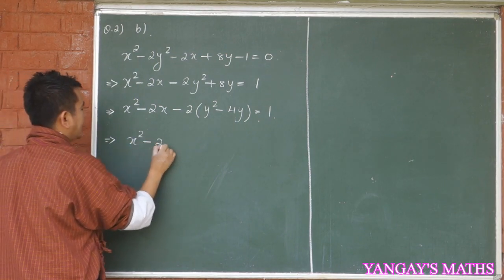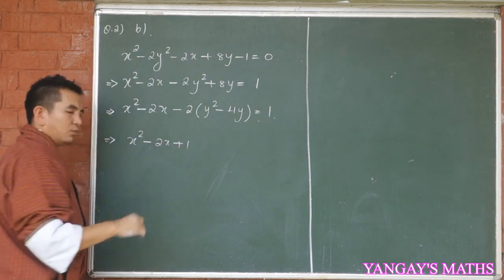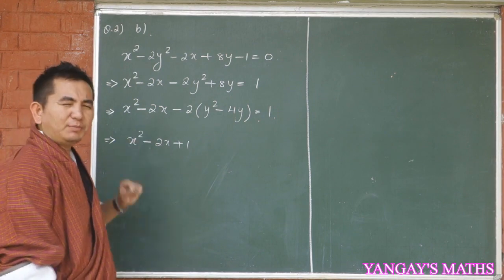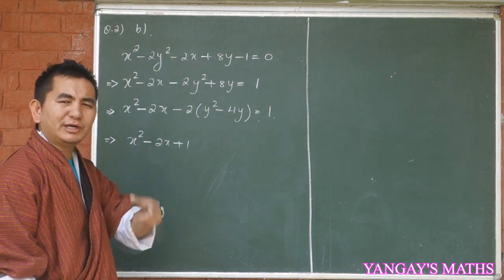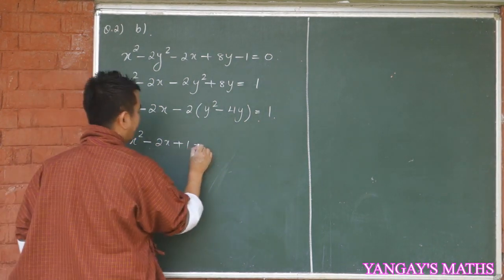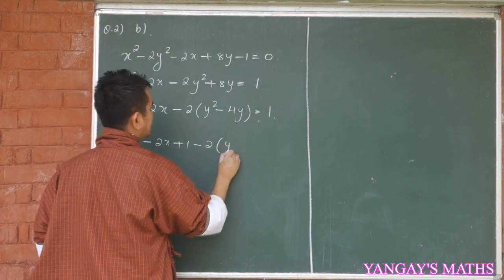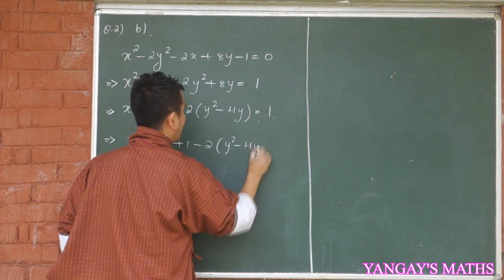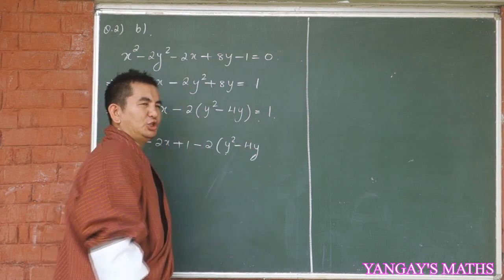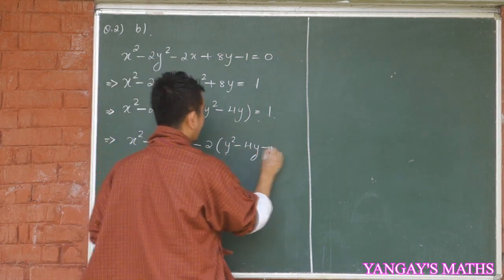x square minus 2x plus 1: 2 divided by 2, you square it, you will get 1. Minus 2 times y square minus 4y plus 4: 4 divided by 2 is 2, 2 square is 4.